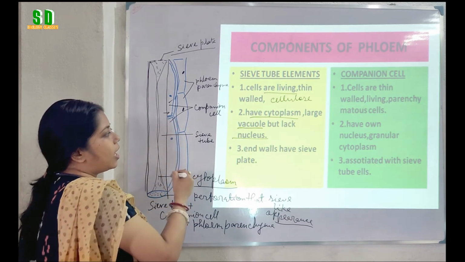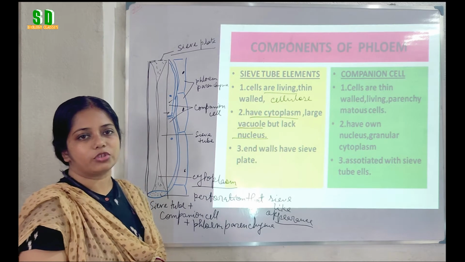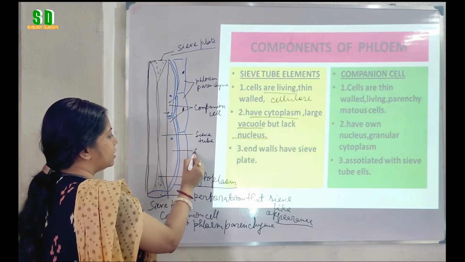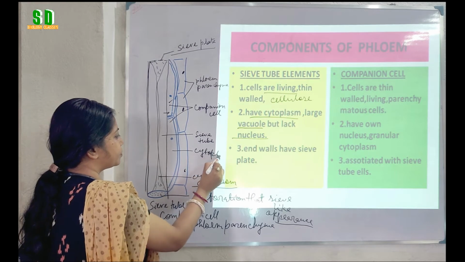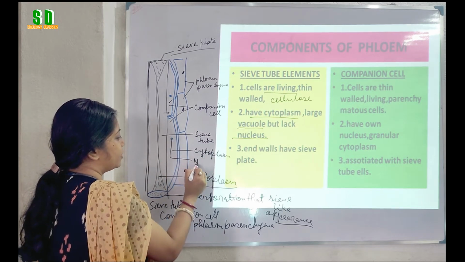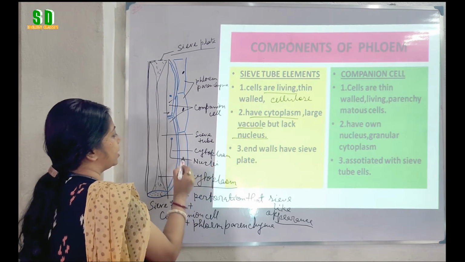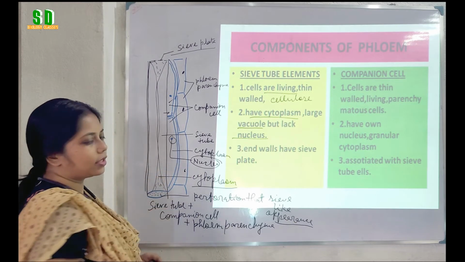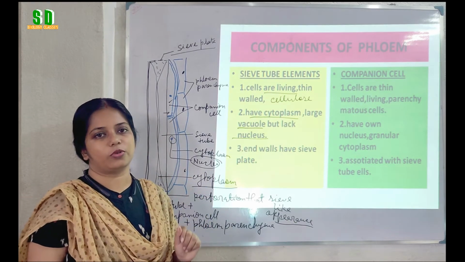And why are they present in this type of arrangement? Because companion cells also have cytoplasm, and in addition to cytoplasm, they also have their own nuclei. So the nuclei of the companion cell regulate the function of the sieve tube also.